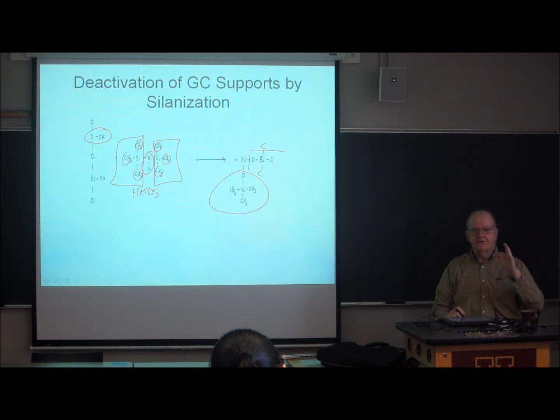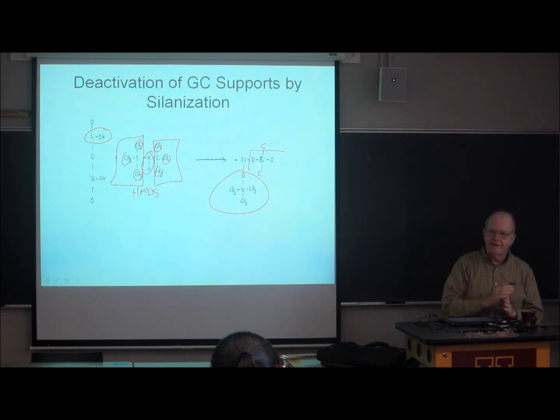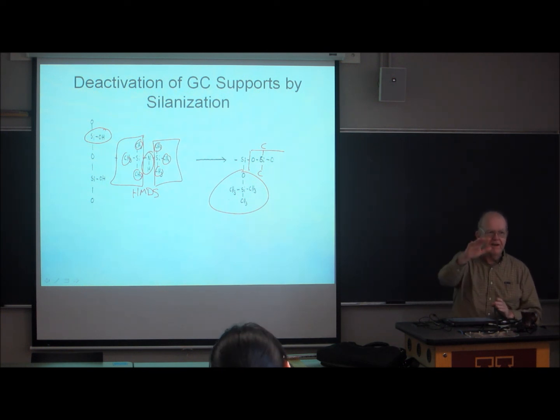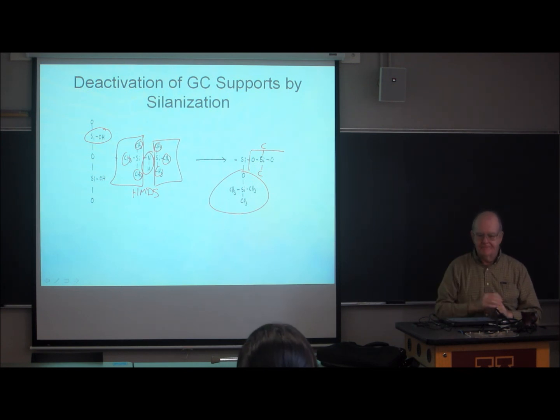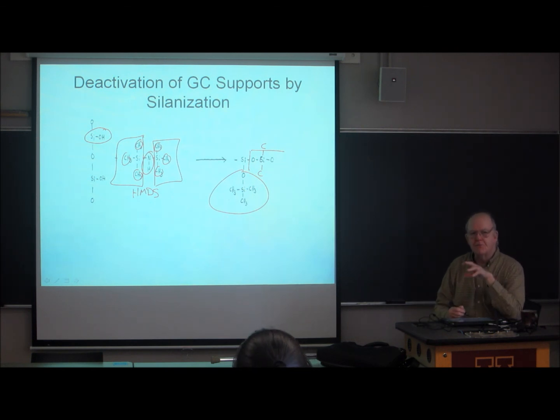Number two, it changes a polar surface into a non-polar surface, and that means that if you've got a low polarity stationary phase, that will now wet the surface. It will wick along the surface of a capillary. That will give you a much more uniform coating of that stationary phase on the surface.